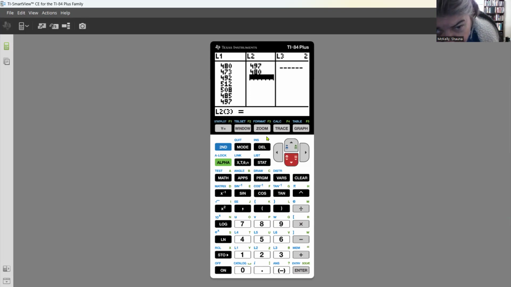Or if you're at the end, you can add it. You can also use the insert key if you want to insert and put in another number. In this case, if we miss it, it's not going to be all that critical because we're going to sort it anyway. Go ahead and put in your data into L1. Pause the video and come back when you're ready.